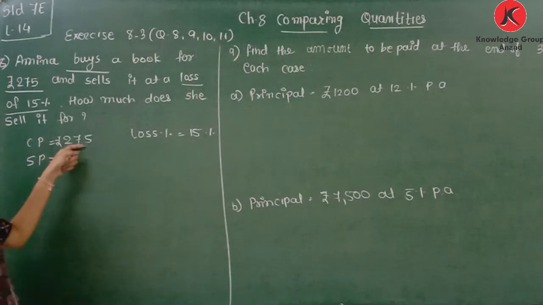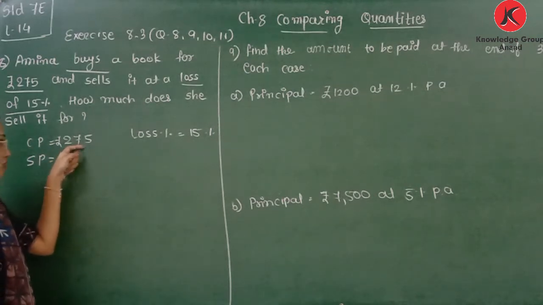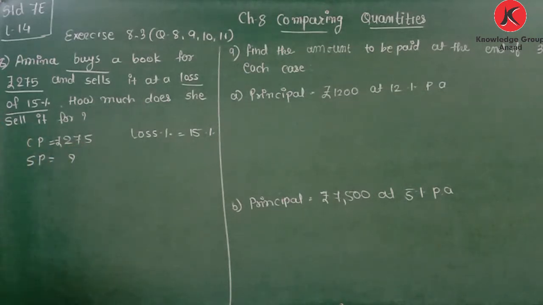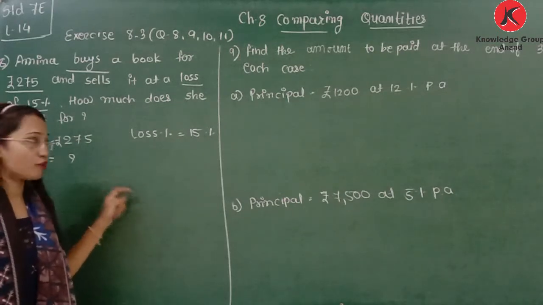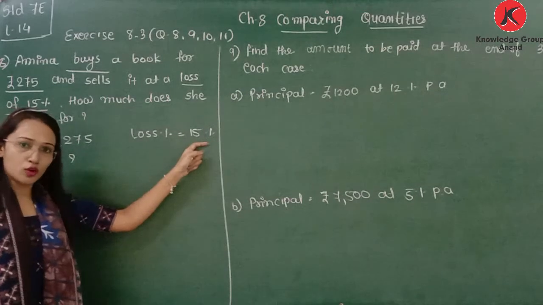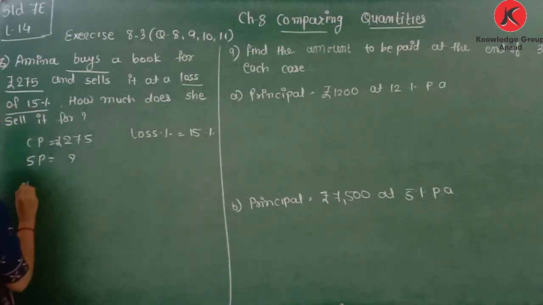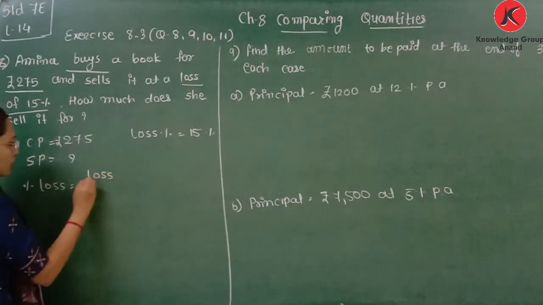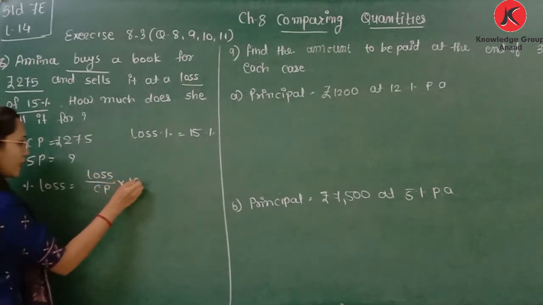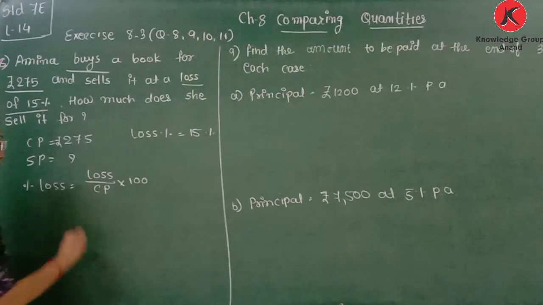Now here cost price is directly given, so we can use the equation. That is percentage loss is equal to loss divided by CP multiplied by 100. From that we get the loss in rupees. So what is the equation? Percentage loss is equal to loss divided by CP multiplied by 100. Now write the values.